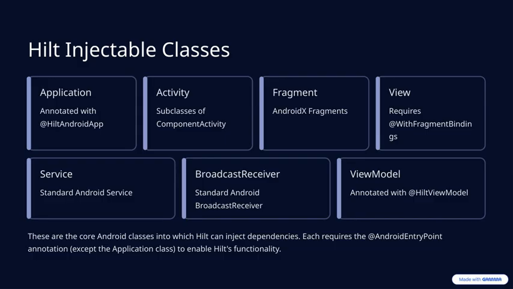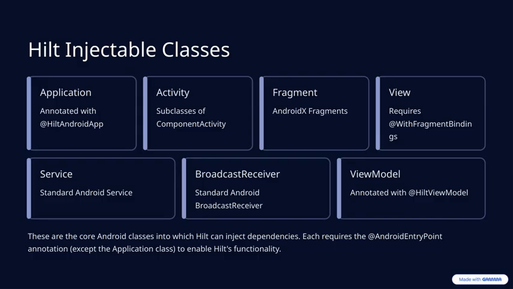They're the standard Android services, and with Hilt, you can inject dependencies into them as well, which is especially useful for background tasks. Broadcast receivers are also included in this list. They're the standard Android broadcast receivers, and Hilt allows dependency injection here too, simplifying the handling of system broadcasts.